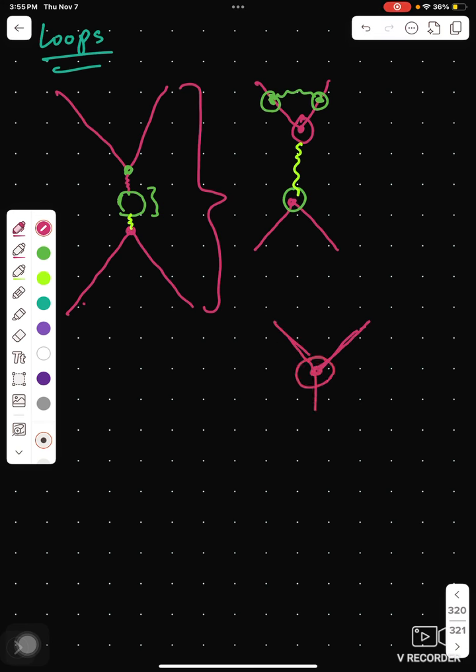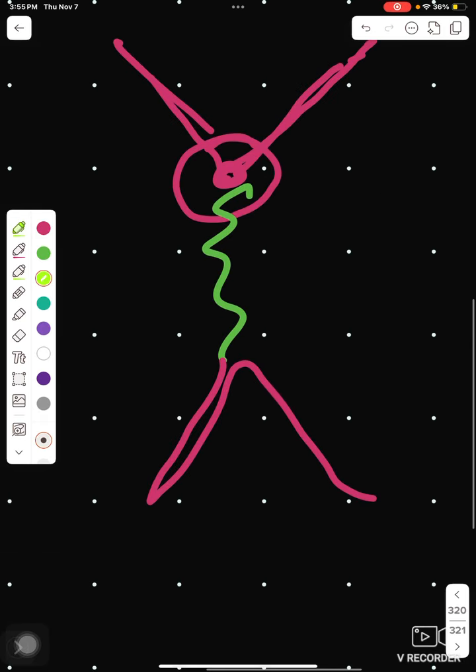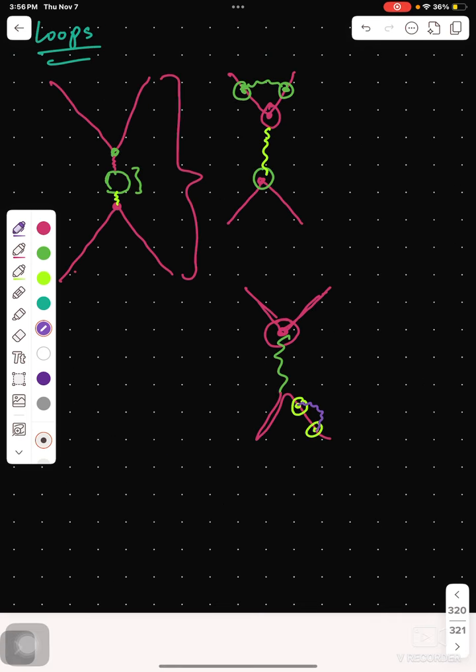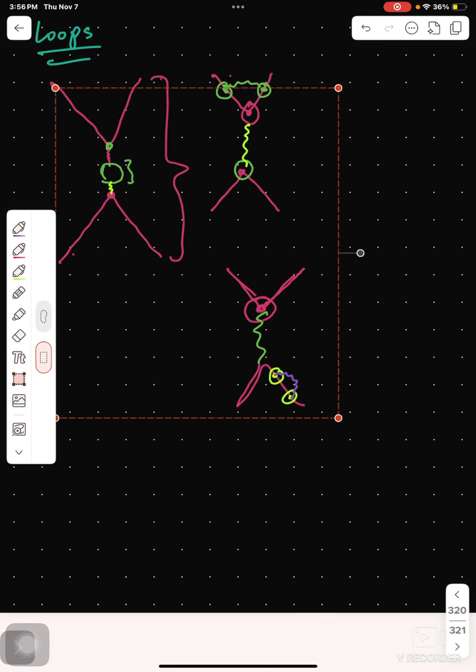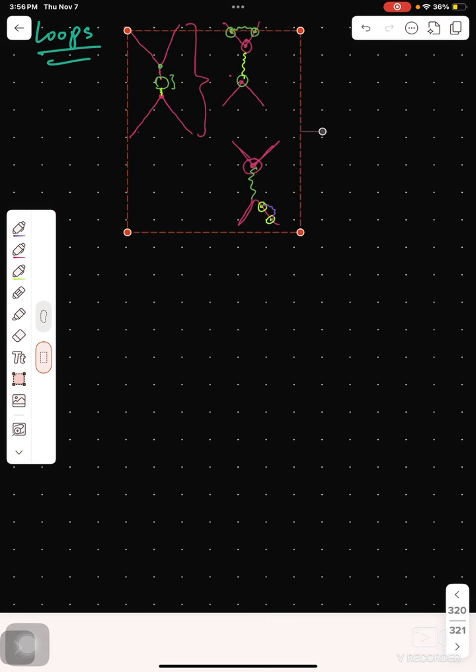Here we have loops. Photons are emitted and re-emitted at certain points.